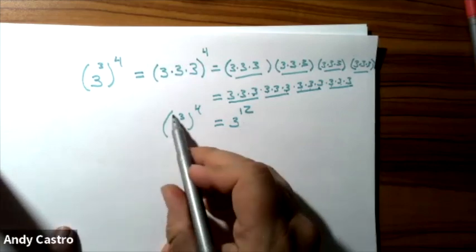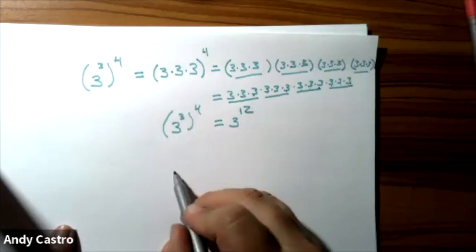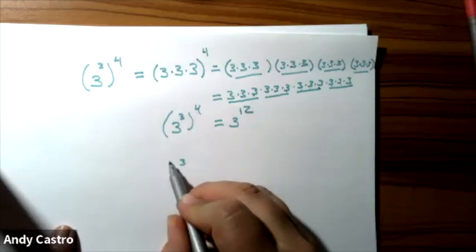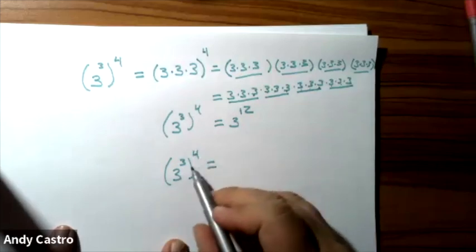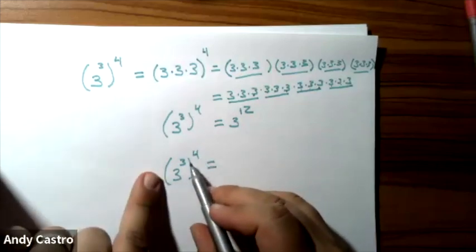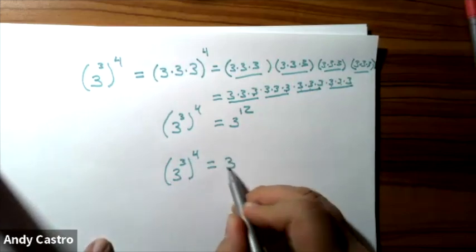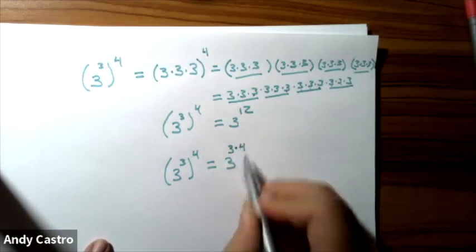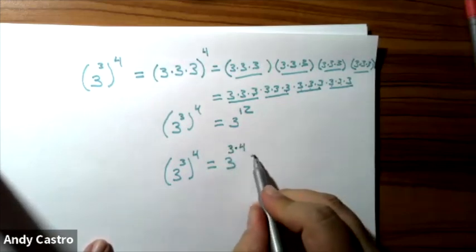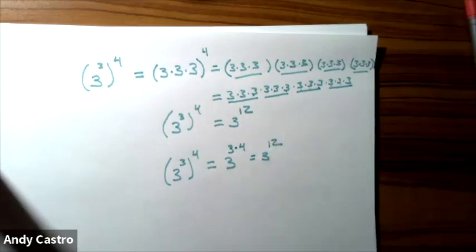In other words, when you have an exponent raised to an exponent, instead of adding or subtracting them, we multiply: 3 to the 3rd times 4, and that is 3 to the 12th.